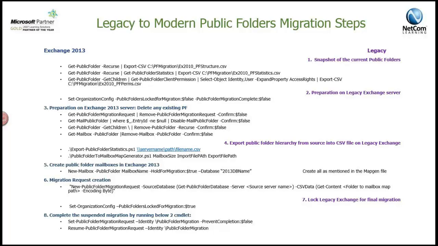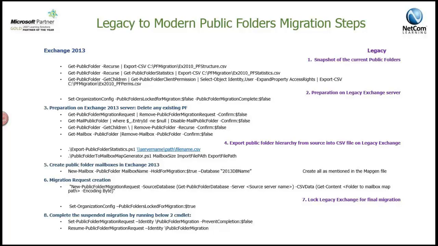The first command here is Get-PublicFolder -Recurse | Export-CSV and the path of the CSV file. This is going to take a snapshot of the original source folder structure. The next command is similar, but after the pipe it is Get-PublicFolderStatistics and then export to a file.